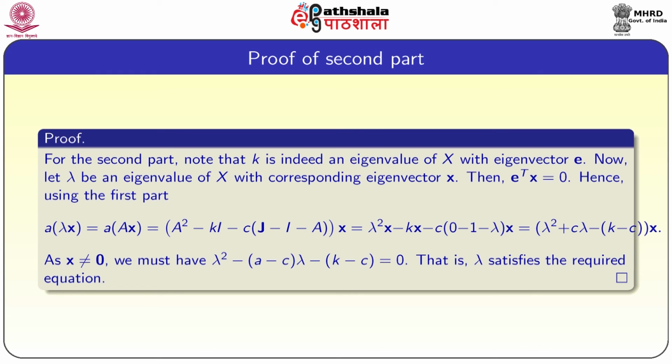As x is not equal to 0, we must have lambda squared minus (a minus c) lambda minus (k minus c) equal to 0. Thus, lambda satisfies the required equation.